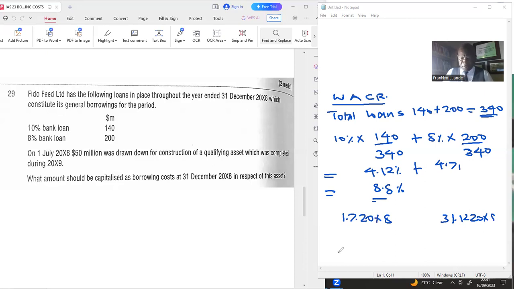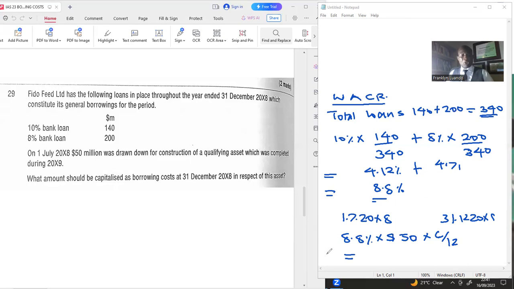So there will be 8.8% multiplied by the amount drawn. That is 50 million, multiplied by 6/12.